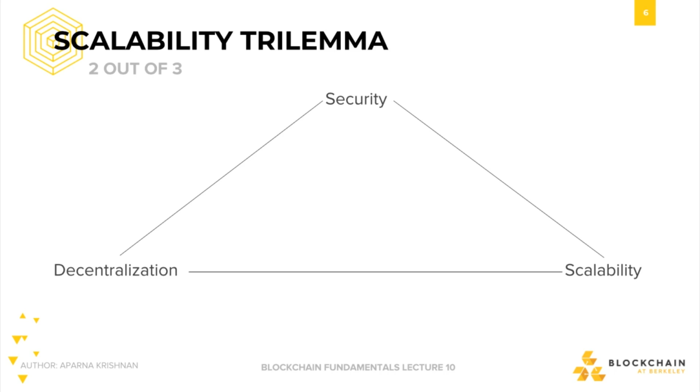If everyone in the network has, say, 5 gigabytes of RAM, and maybe their machines can do 100 hashes per second, can we do 1 million transactions per second in the network? Scalability is basically how much we can push the ecosystem's capacity to handle transactions. Security is the notion of how well we can defend against an adversary who has resources almost as large as the size of the ecosystem itself.